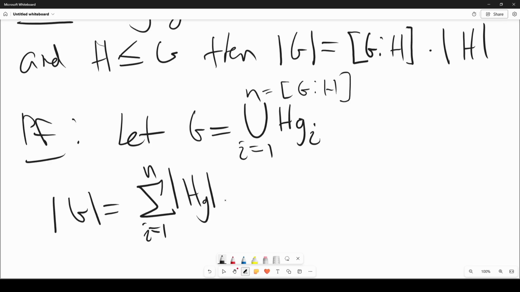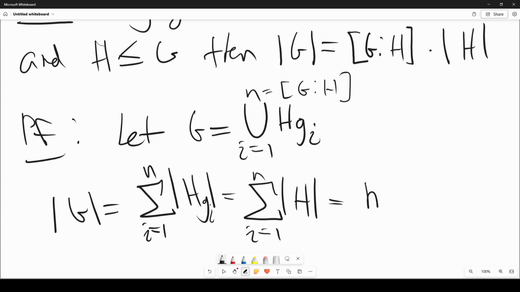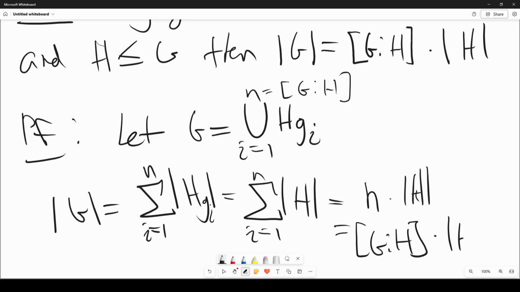But the order of Hg_i, by our lemma, is just the order of H, so this is n times the order of H. And since n is the index of H in G, this is the index of H times the order of H. Perfect.